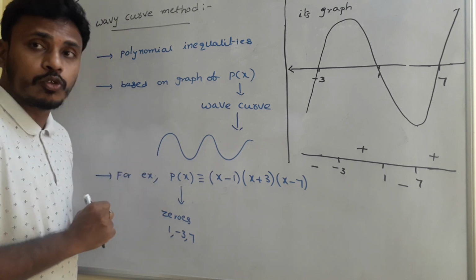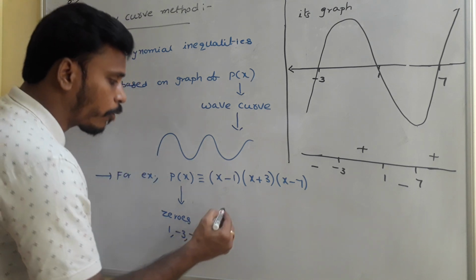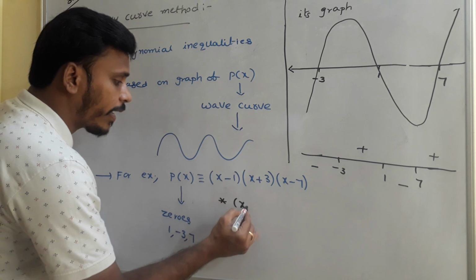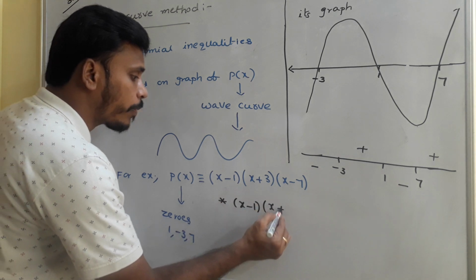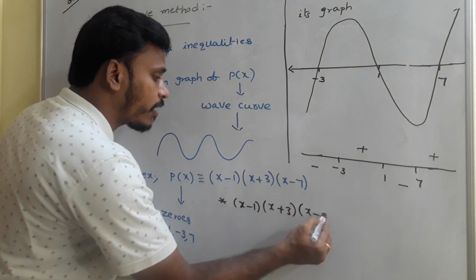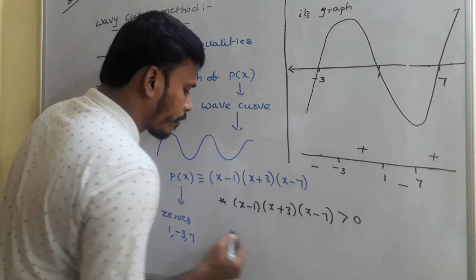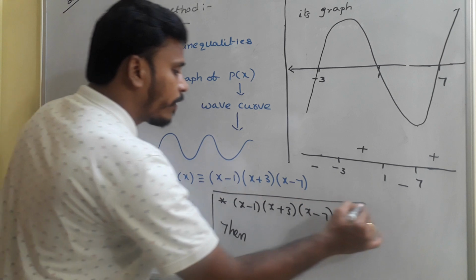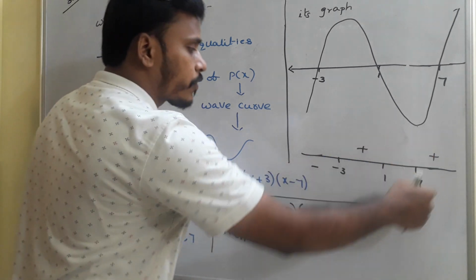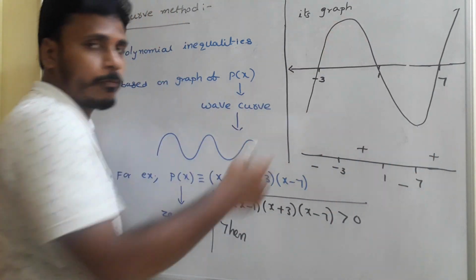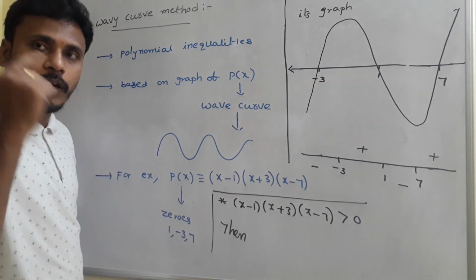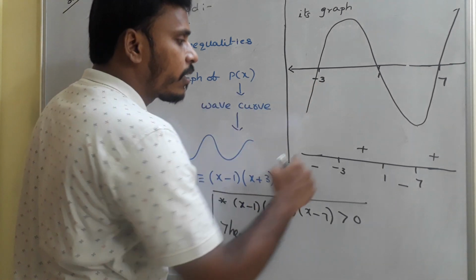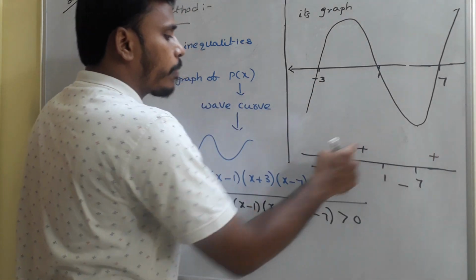And now if you wish to solve the polynomial inequality, suppose your question is (x minus 1)(x plus 3)(x minus 7) greater than 0, then what do you say about the values of x? To answer this you need to observe this rough sketch, okay? No need to go with the full wave curve. Based on this wave curve in our minds, we need to indicate plus, minus like that.